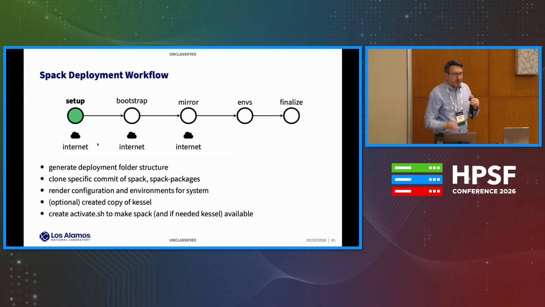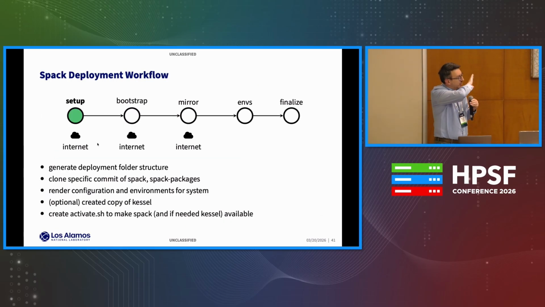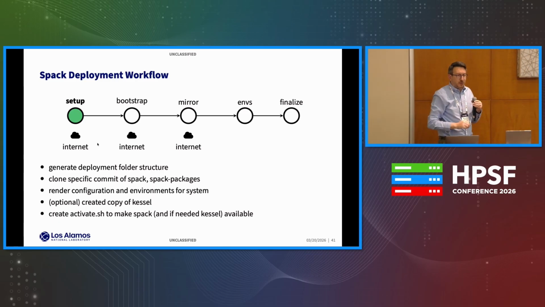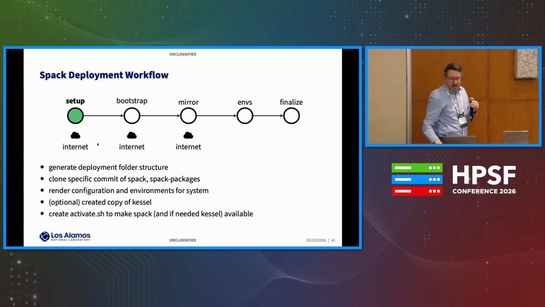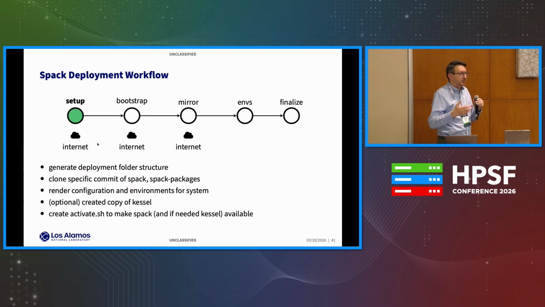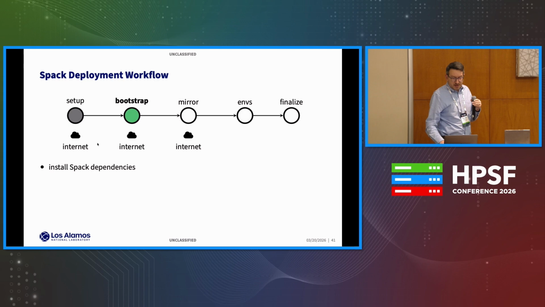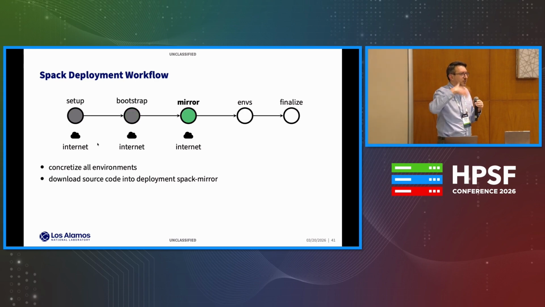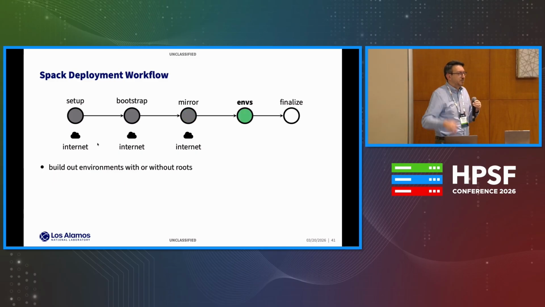OK, so and then just quickly, the deployment workflow: clone SPAC packages, set up the folder structure of the deployment, create an activate script so we can make those things available in your current shell. You bootstrap SPAC, you create a mirror, you download all the source code, and finally you concretize and build all the environments and clean up a little bit.